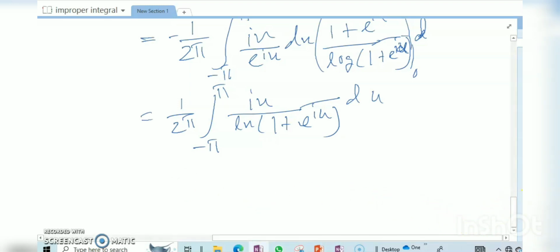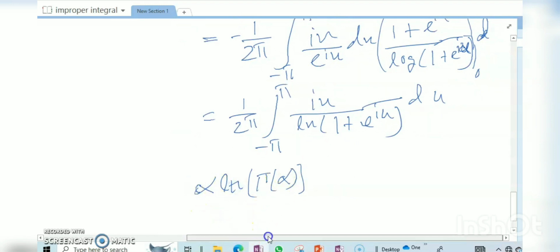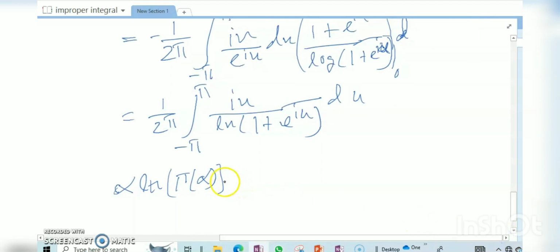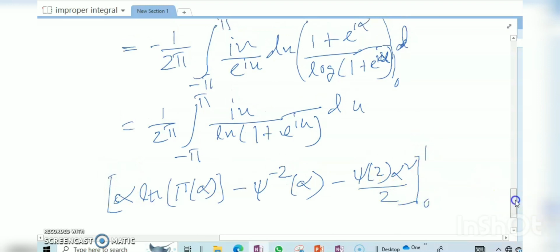Okay, and this value, where the digamma, differentiating and integrating these portions, whatever I get, alpha ln gamma alpha, ln gamma alpha, minus digamma 2 alpha square by 2, into 0 to 1, this integral portion.